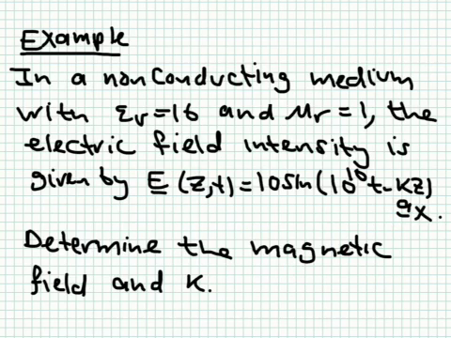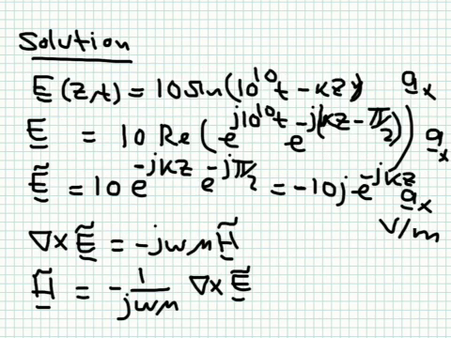The corresponding magnetic field is not that difficult to obtain because we have two curl equations relating E and H. From them I can recover H if I know E, and if I know H, I can recover E. K can be obtained by using both curl equations together to solve for k, as I will show you in the next slide. I will use the time harmonic case in this solution.